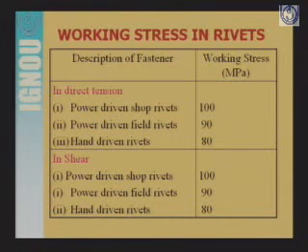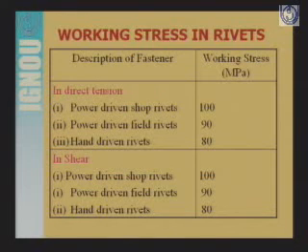So let's see some cases. In direct tension, code says that power driven shop rivets can have a working stress of 100 MPa. Power driven field rivets can have a working stress of 90 MPa. As I told you earlier, power driven shop rivets are considered to be the best one, so the working stress allowed by the code is 100 MPa.